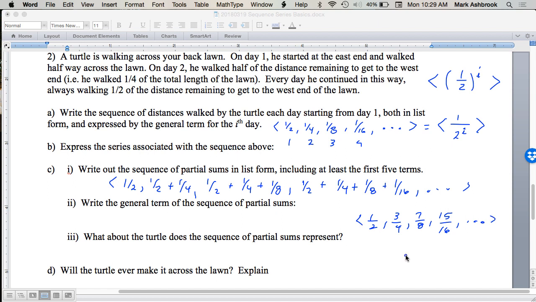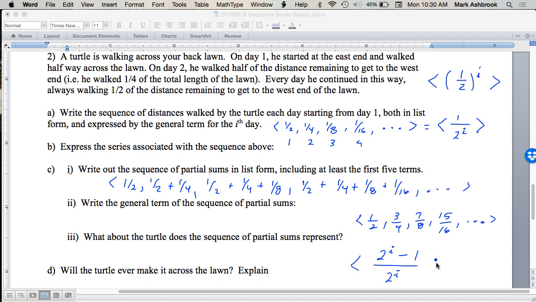Yeah. 2 to the i minus 1. He wants 2 to the i minus 1, so he's seeing that this is like 4 minus 1, 8 minus 1, 16 minus 1. Good? All over 2 to the i? Does it work? I think it works.